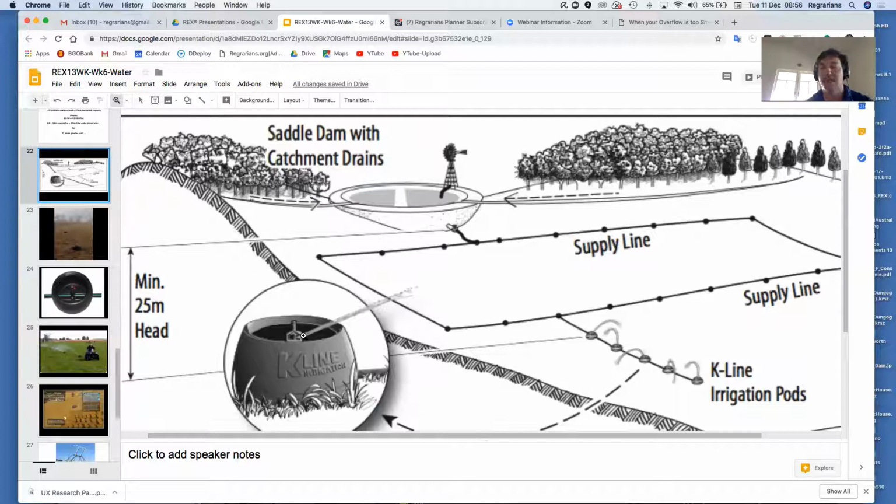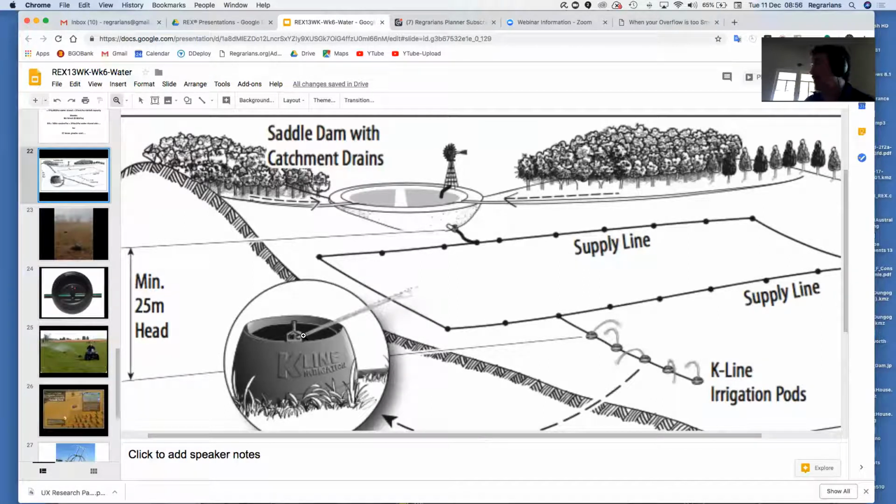And he was raving about it. He was saying, "Oh, how great this system is!" And he was confused because he was saying, "Is it K-line or keyline?" I said, "No, Joel, it's a K-line system.